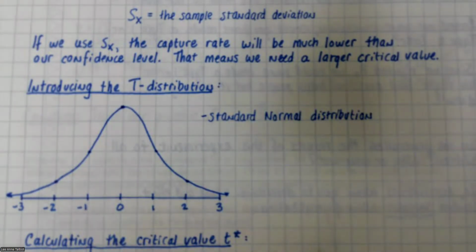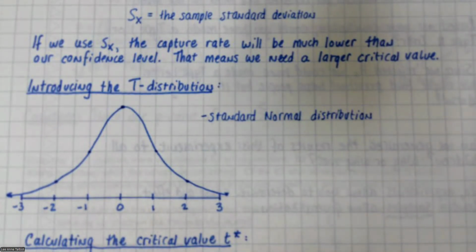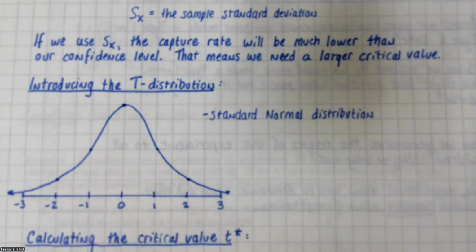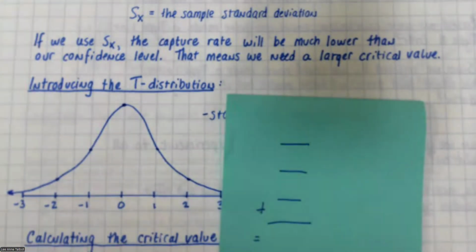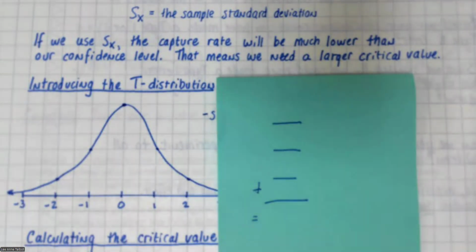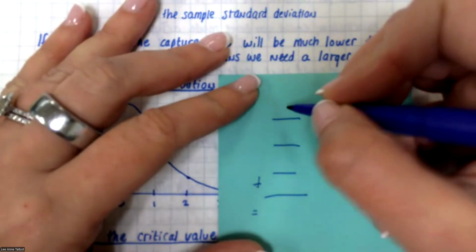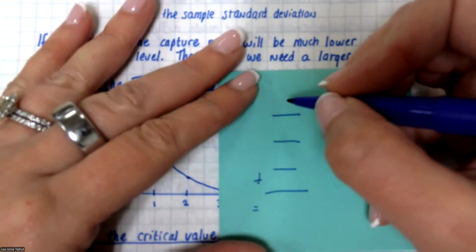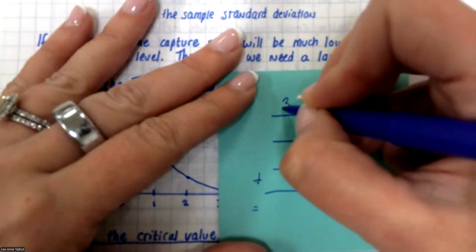The t-distribution is different because there are infinite t-distributions. There's only one standard normal curve. There he is, right there. There are infinite t-distributions. Okay, I have come up with a very sophisticated problem here for you to describe what degrees of freedom is. This is my post-it note of lines. Okay. Ivan, give me an easy number. 3.